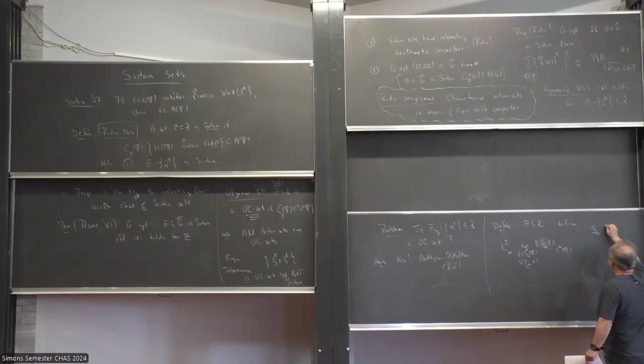So I can think of this as a bounded linear operator on this closed subspace of continuous functions that are Fourier supported in E. And this is just computing the operator norm of this operator there.